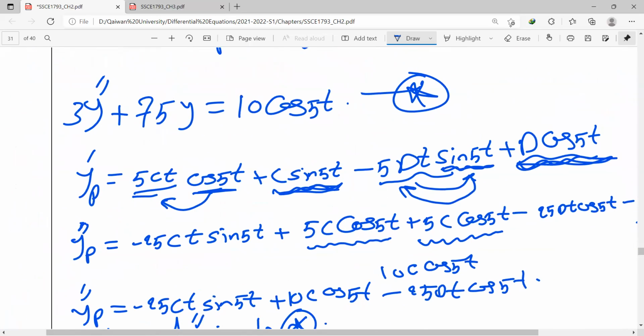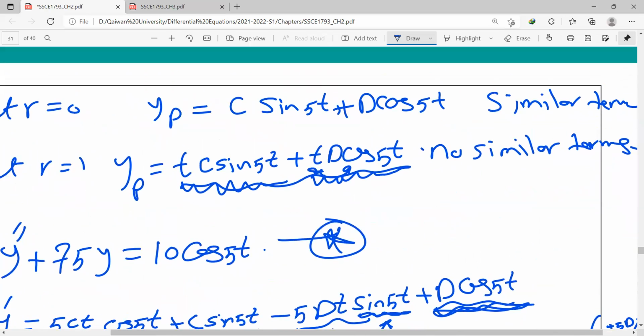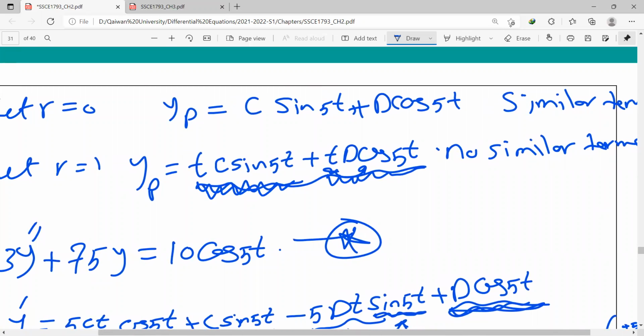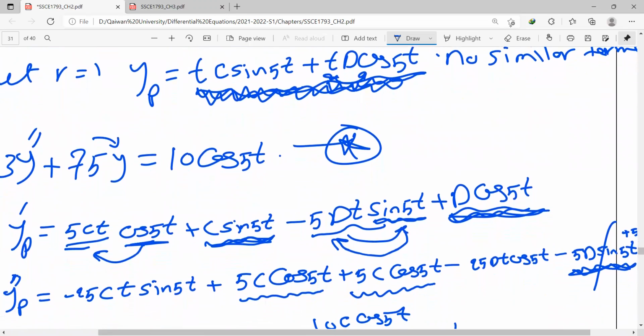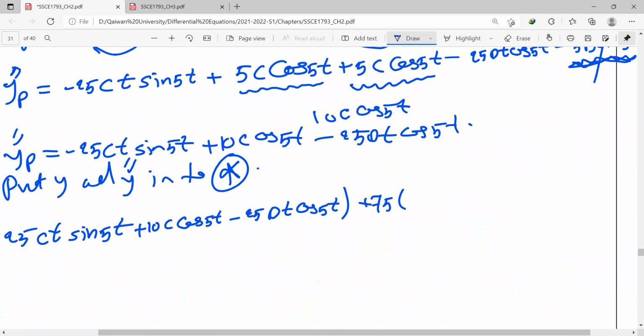Y here is yp. We choose yp to be this, and we replace y by this: tc sine 5t, plus dt cosine 5t.